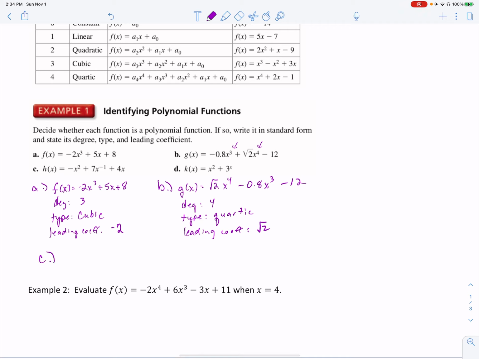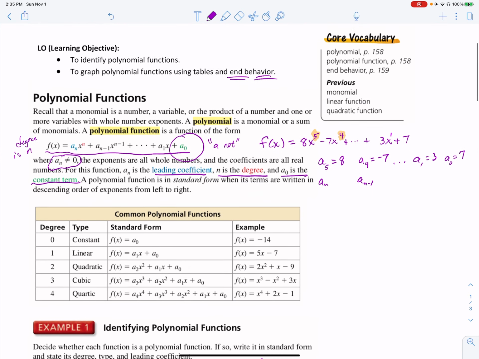And then in part C, if I would rewrite that, x to -1, it's maybe been a while since you've worked with that, drops that to the denominator and makes it x to the 1st. And this being something other than an integer makes this not a polynomial.